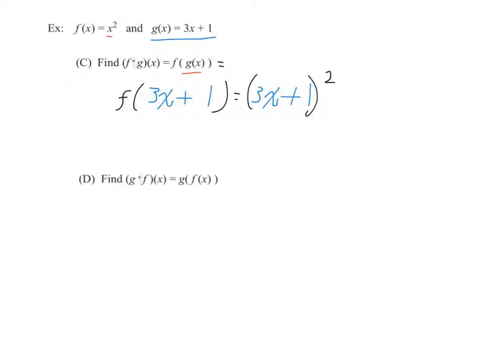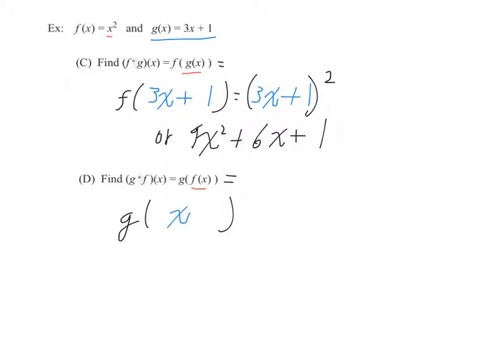You can simplify this if you want. You'll have to check the answers in the back of the book to see how far you're supposed to go. This is good enough for me, but if you'd like to write it out and FOIL it, you can do that. This one would be 9x squared plus 6x plus 1 as an alternative. The second one is just the reverse, g of f of x, where f of x is in the innermost part, so that's what we have to start with. I'm going to substitute whatever f of x equals inside the parentheses.